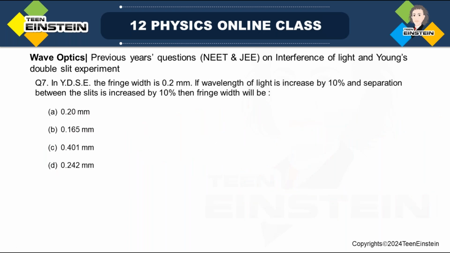Okay, now the seventh question says, in Young's double slit experiment, the fringe width, that means beta, is given as 0.2 millimeter. If the wavelength of the light is increased by 10 percentage, see this is increased by delta lambda plus lambda. Okay, so this delta is actually 10%. Okay, it is increased by this.